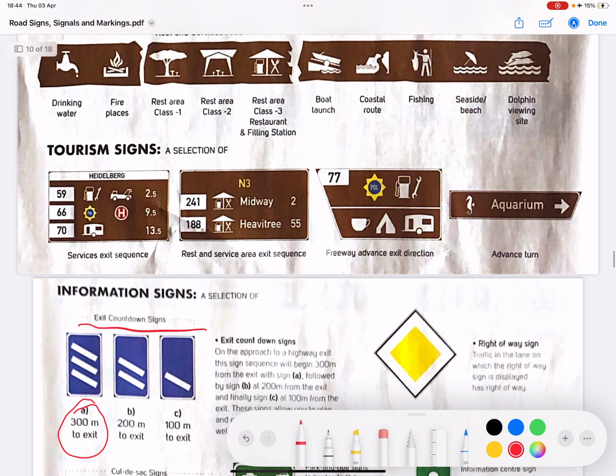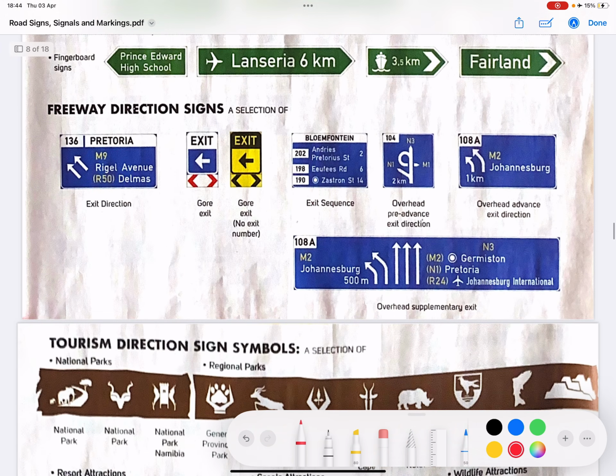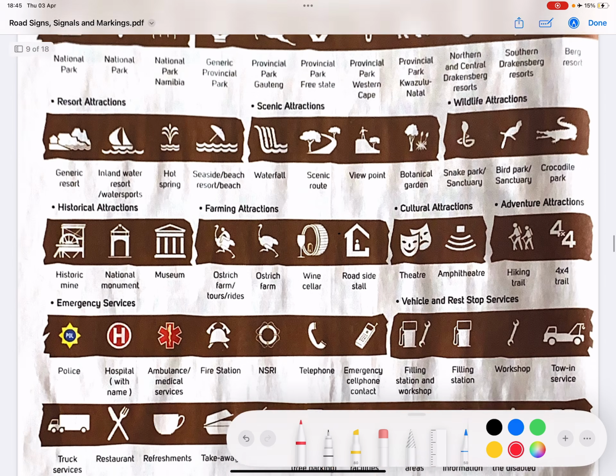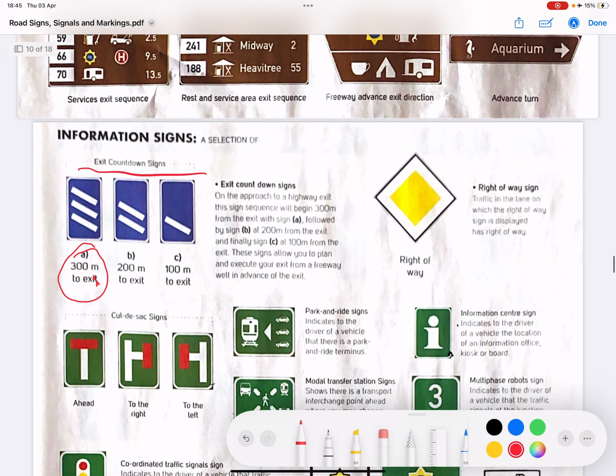And you already have this board, maybe this one, that tells you that you will off-ramp to Johannesburg in 500 meters. After you see this board is big there by the road, after you see this board, you start seeing these ones. They are counting down for you. Now it's 300 meters. Now it's 200 meters. Now it's 100 meters.